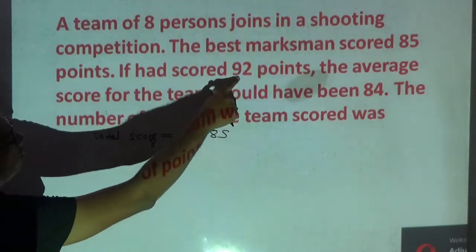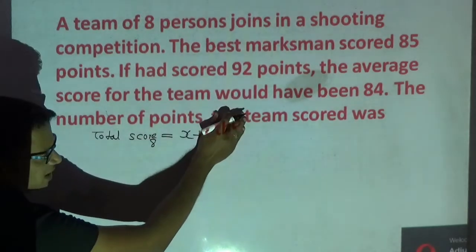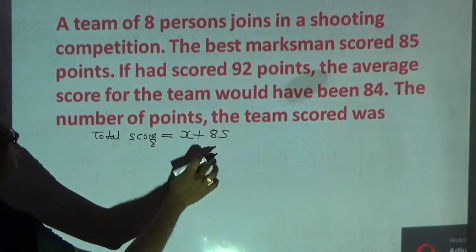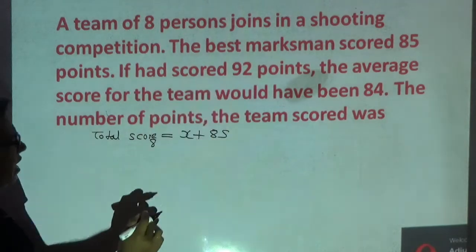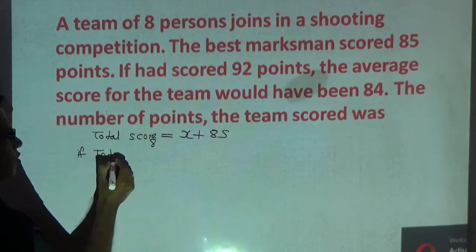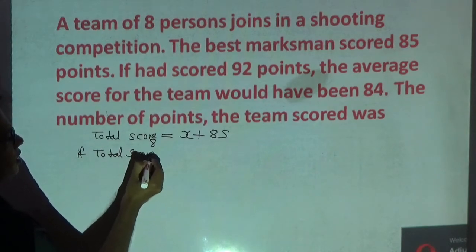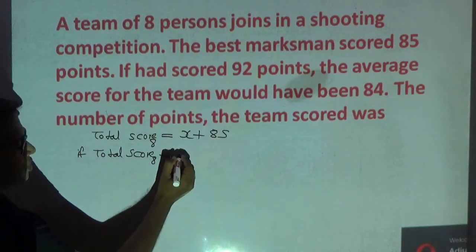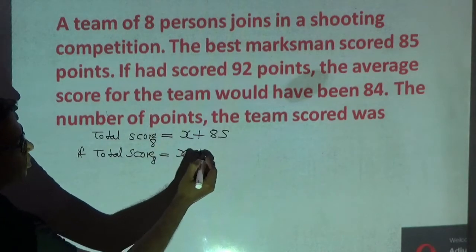Suppose he had scored 92 points instead of 85, then the average score of the team would have been 84. Now here, the 7 people are not changing, it is X only.